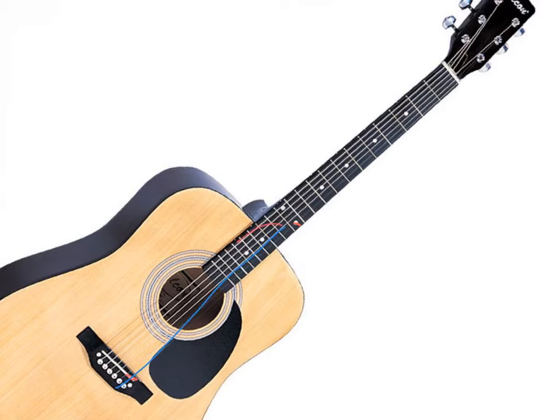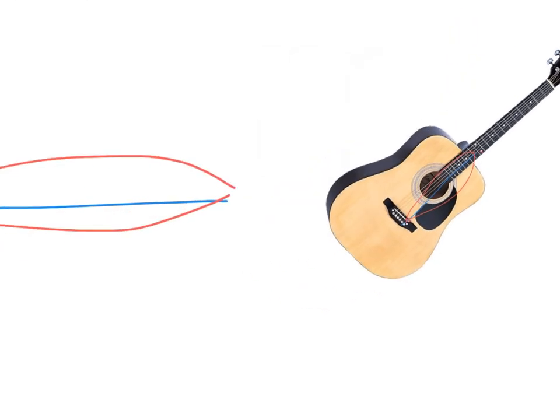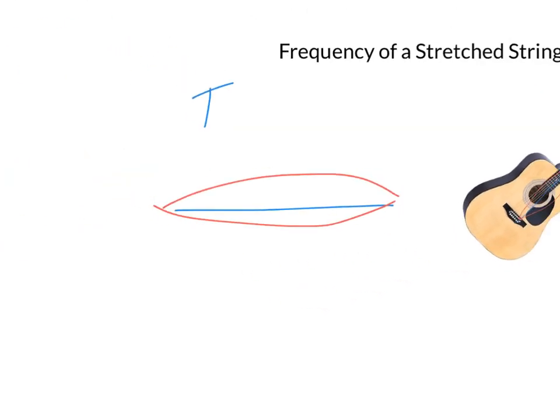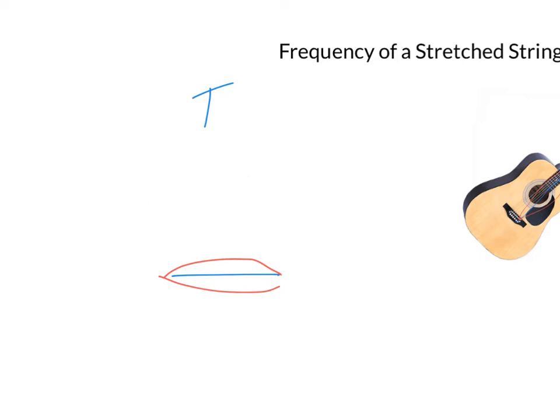So now it can only vibrate between here and here, which is of course a shorter wavelength than if the whole string was vibrating, and therefore a higher frequency. So just showing you that on the diagram again, if you're effectively shortening the string, you're going to have a shorter wavelength, higher frequency wave. So we can say that the frequency is affected by our length.